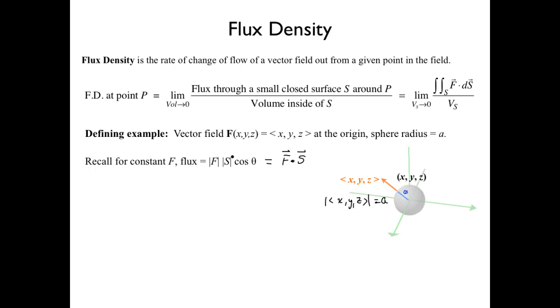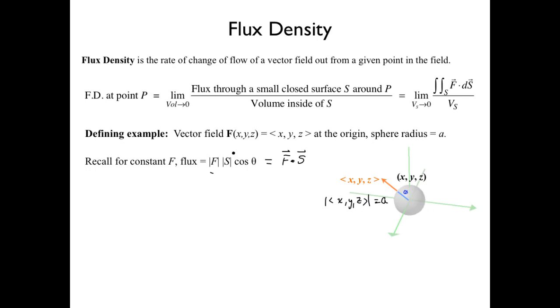Our area vector is orthogonal to the surface and has the area of the surface. So if you take as much of F in the direction of S, you get flux, and that's exactly what this shows. We do F cosine theta times the magnitude of S.